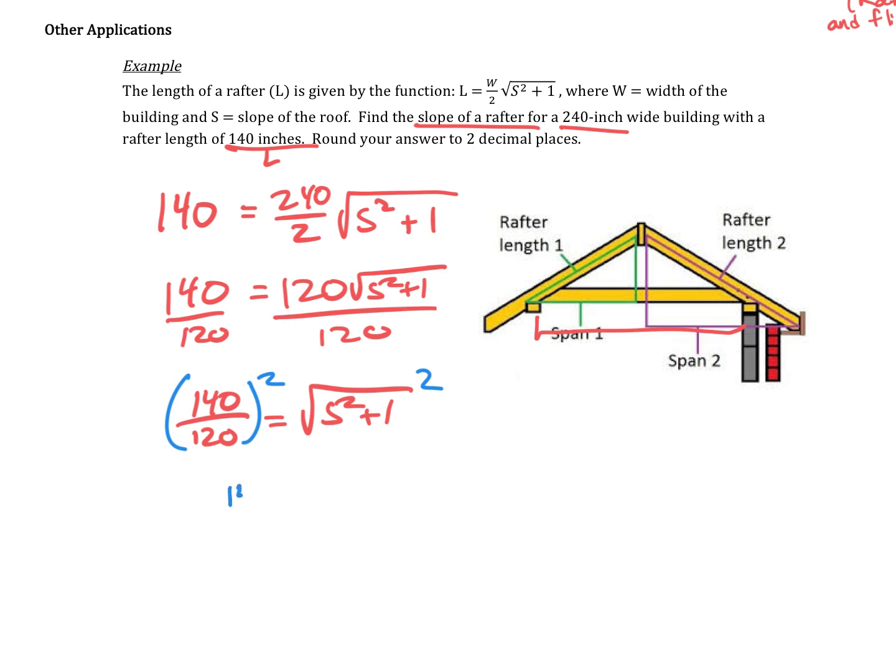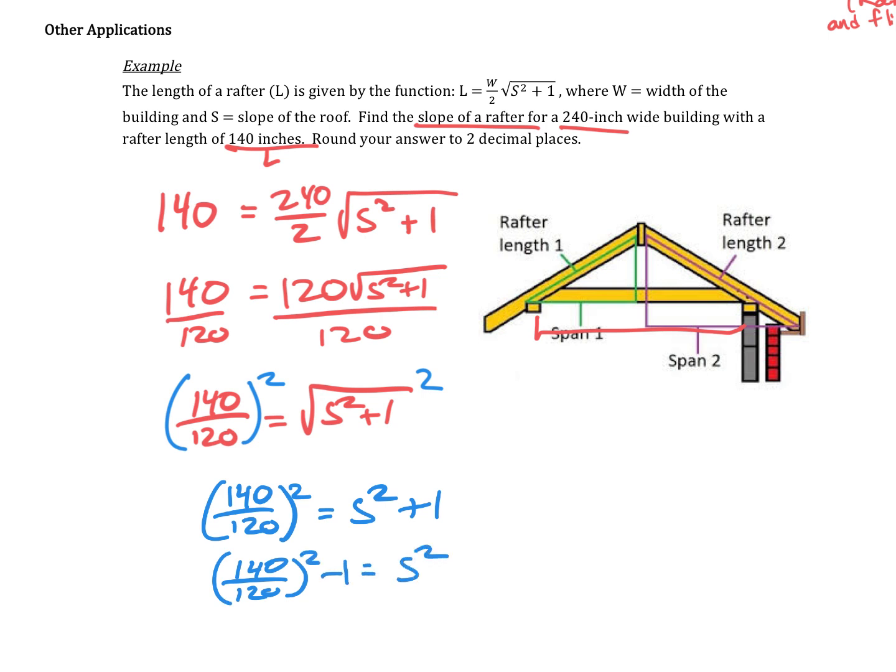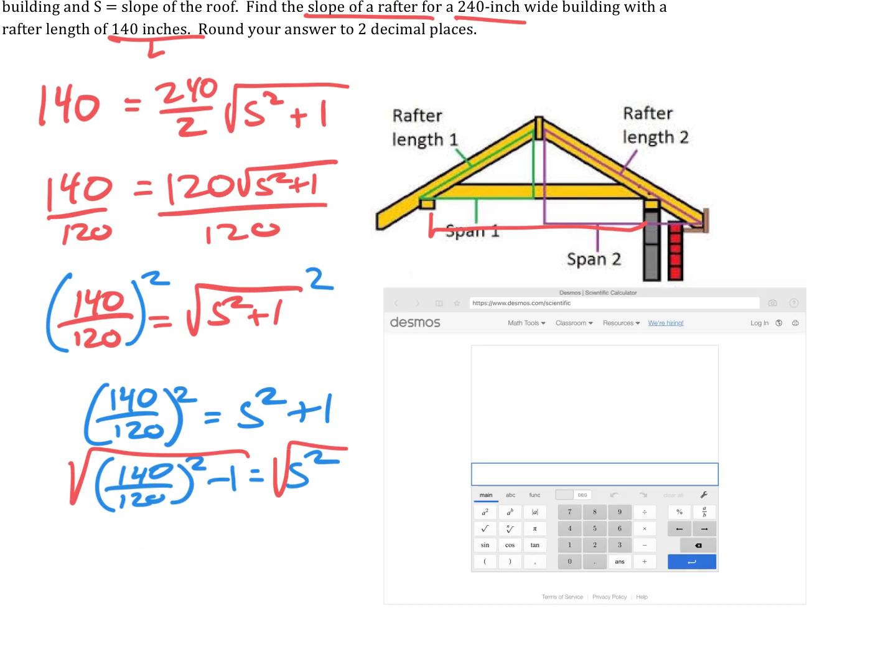And so we have 140 over 120 squared equals S squared plus 1. Let's subtract 1. And we can square root to finish it off. And now we'll go figure that out.